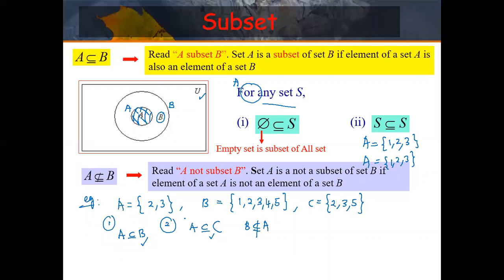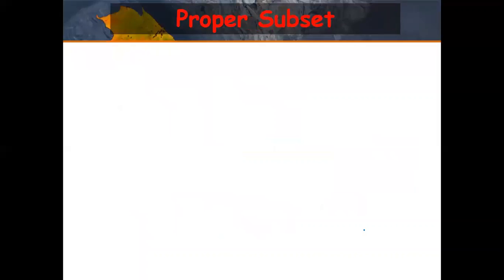Yes, C is a subset of B because all elements of C, 2, 3, 5, are also elements of B: 1, 2, 3, 4, 5. So C is a subset of B. So that is subset. Now we move to proper subset.